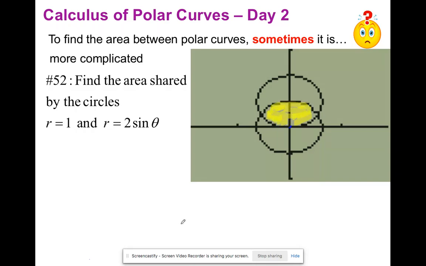But look at the problem. Do you see why this is going to be a dagger? The bottom here of the area that I want is defined by 2 sine theta.